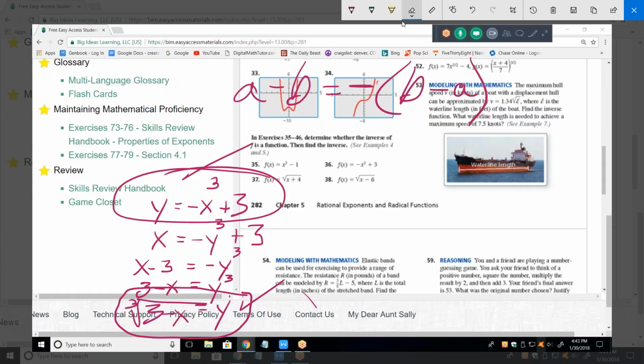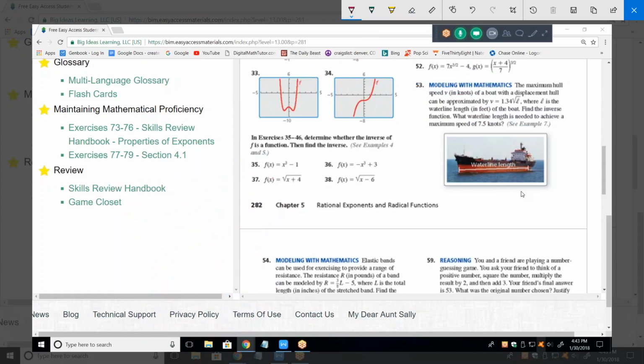All right, number 37. First of all, I'm going to graph it. This is the square root function, which normally graphs like that. But in this case, it's horizontally shifted which way by how much?